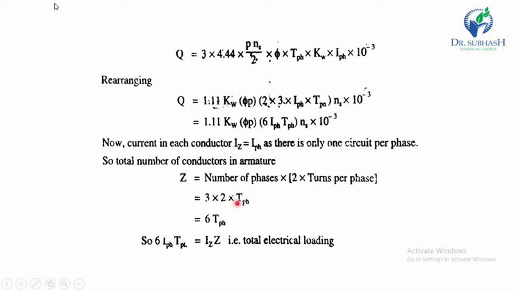So 3 into 2 into PPH is equal to 6 PPH, which is equal to Z. So we put 6 PPH equal to Z, and we get the value of electrical loading IZ into Z, the total electrical loading, and the total magnetic loading here.